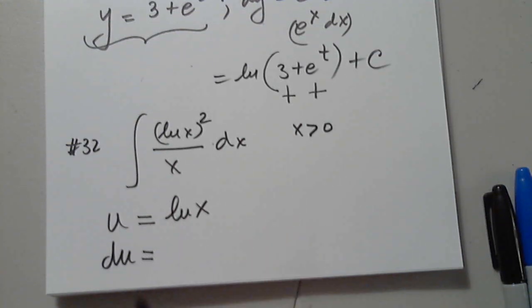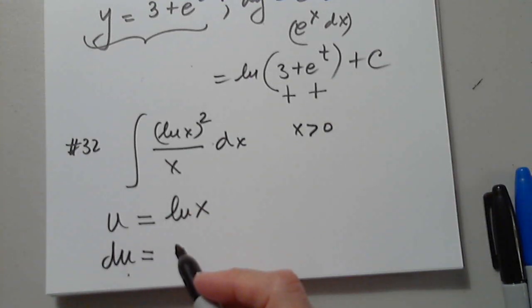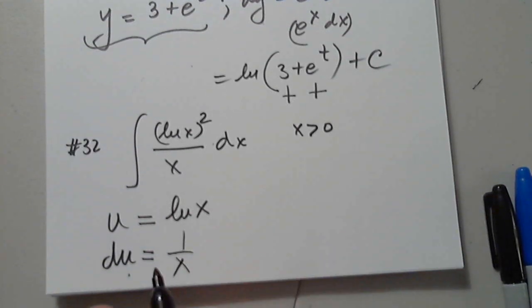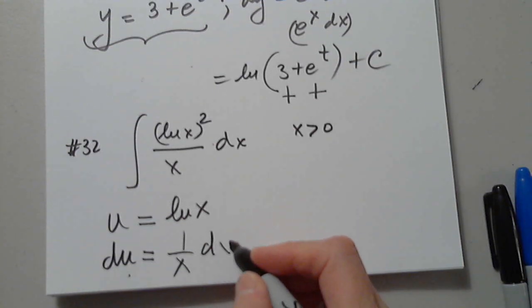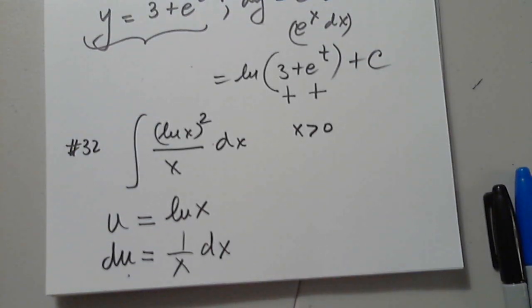u is natural log x. Now I want to determine du, the differential, not the derivative, the differential of u. The 1 over x. Not the derivative, the differential. dx. Exactly. The differential is 1 over x times dx.